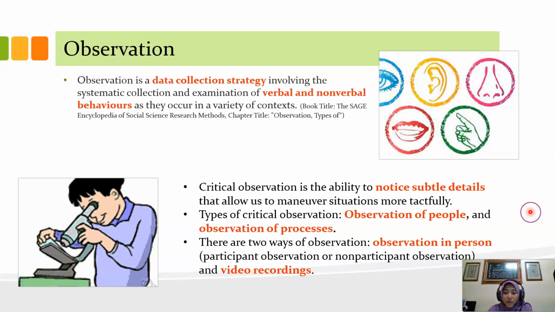We have 2 types of critical observation: you observe people or you observe processes. And then we have 2 ways of observation: either in person, which is participant or non-participant observation, and also using video recording.